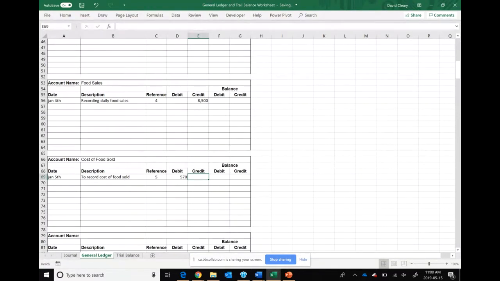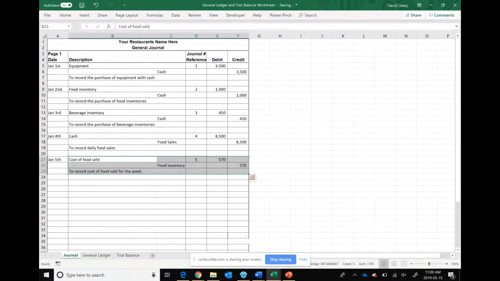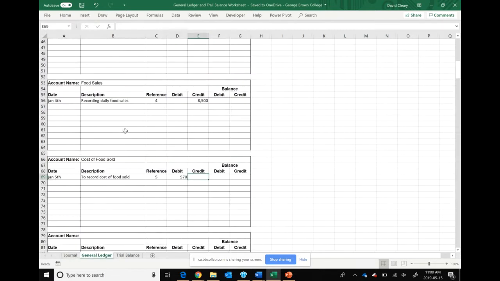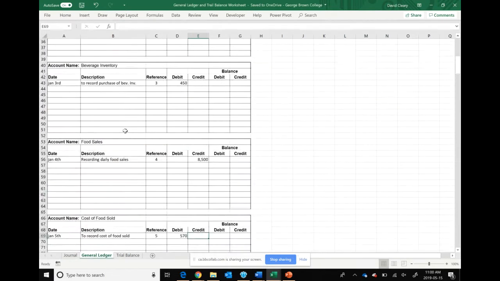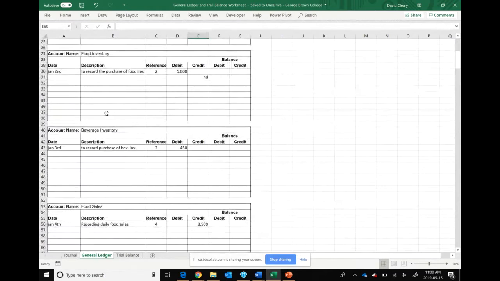Now we go back to the journal here, and we are going to credit food inventory by the same amount, so $570. Because it's on the credit side, technically we're reducing our food inventory. So if we go to our general ledger, we go find food inventory. Right there.